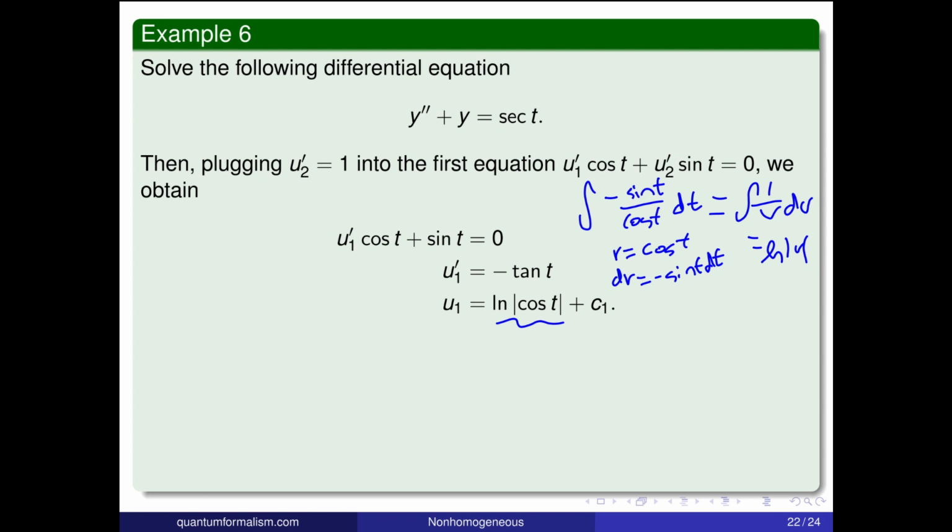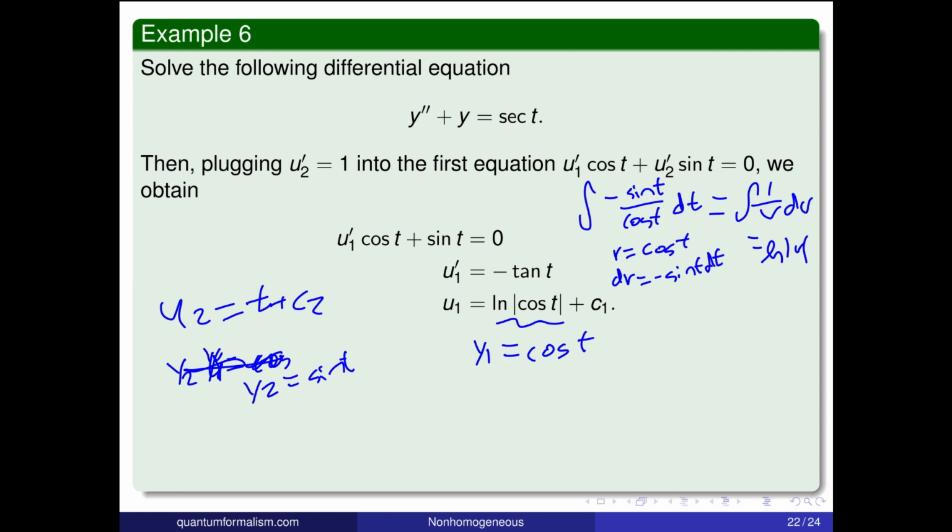All right, and now we just do u1 times y1 and u2 times y2. So u2 was t plus a constant, y1 was cosine t, and y2 was sine t.